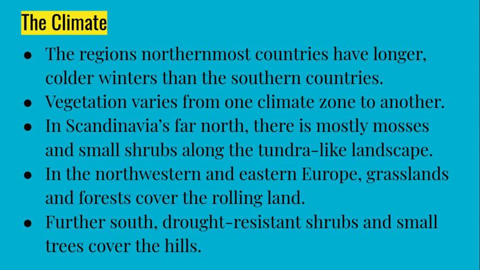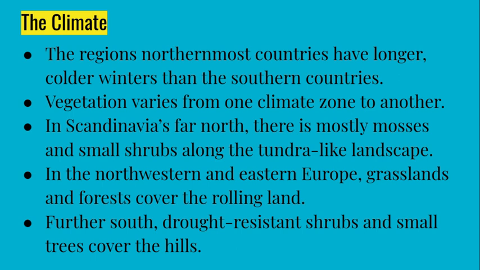The region's northernmost countries have longer, colder winters than the southern countries, just like in the United States. Florida, like when you go south, is warmer than when we're here. So Europe does have that same range, but their winters are not as cold as ours. Vegetation varies from one climate zone to another, and in Scandinavia's far north, there are mostly mosses and small shrubs along the tundra-like landscape.